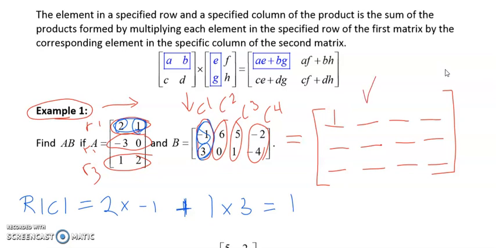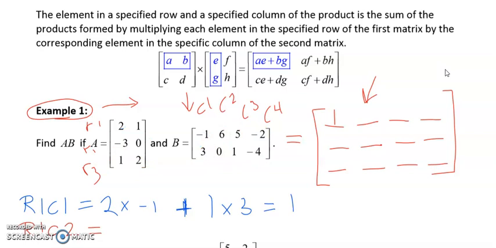If you want to get this element next, notice that's in row 1, column 2. So you would write R1C2 is equal to. And now what you would multiply together, because you're after row 1, column 2, well, there's row 1 again. And now here's column 2.